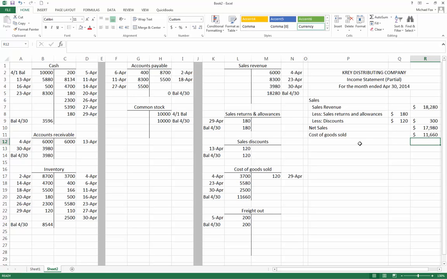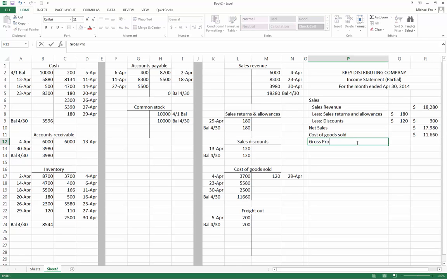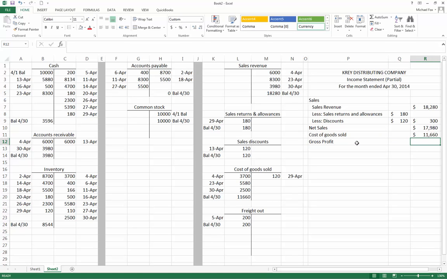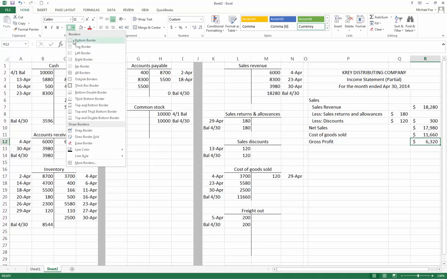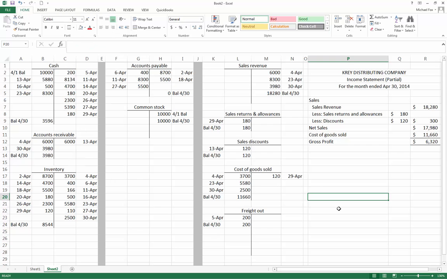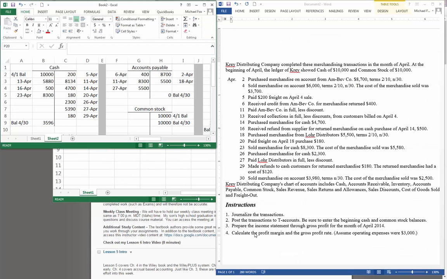And cost of goods sold, so net sales minus cost of goods sold gives us our gross profit. So there's our gross profit. We'll look back at the problem again. Let's say calculate the profit margin and the gross profit rate. Assume operating expenses were $3,000.